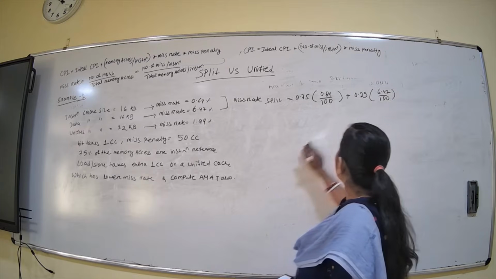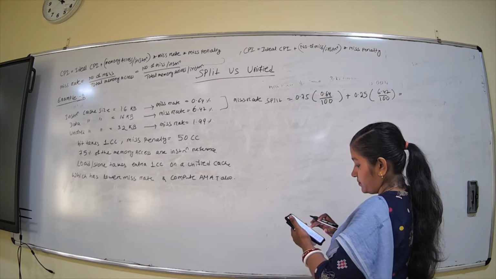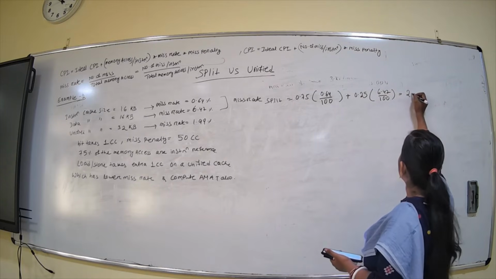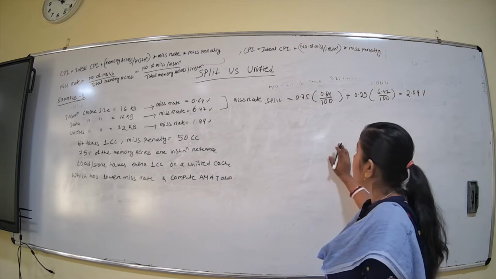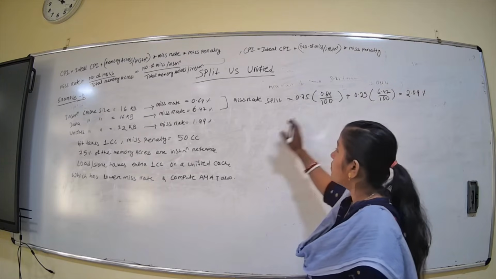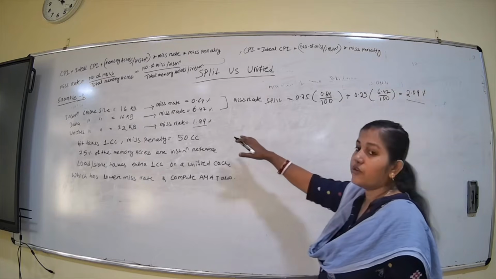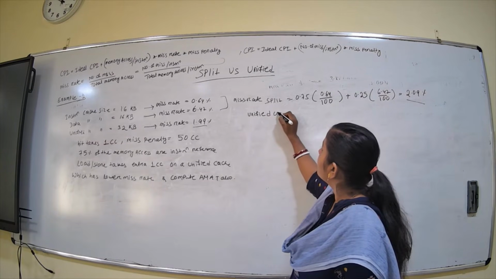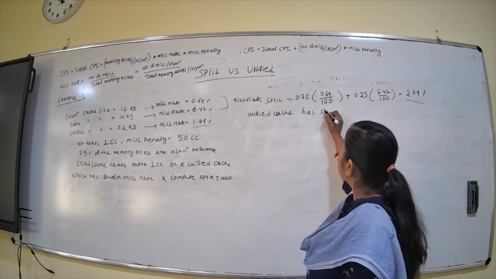You just calculate this and the answer will be 2.09%, that means 2.09 by 100. Now, which has the lower miss rate? 1.99 or 2.09. Obviously unified. So the unified case has the lower miss rate.